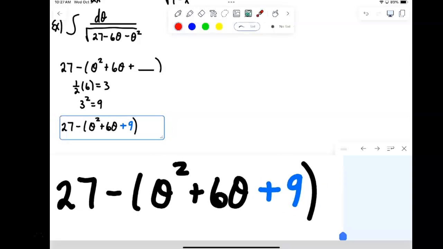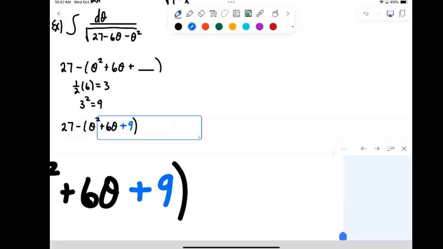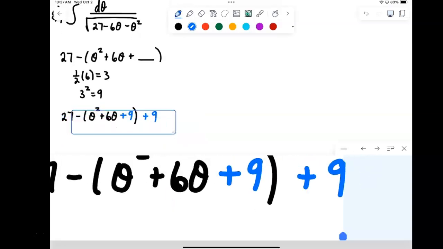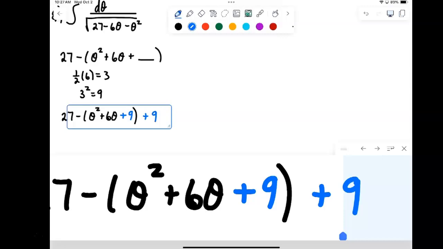But I actually didn't add a 9 to my expression. Because of the negative out front, I actually subtracted a 9. So to account for it on the outside of the grouping symbol, I need to add a 9, because what I really did here was add a negative 9. So to account for that, I need to add a 9 on the outside.